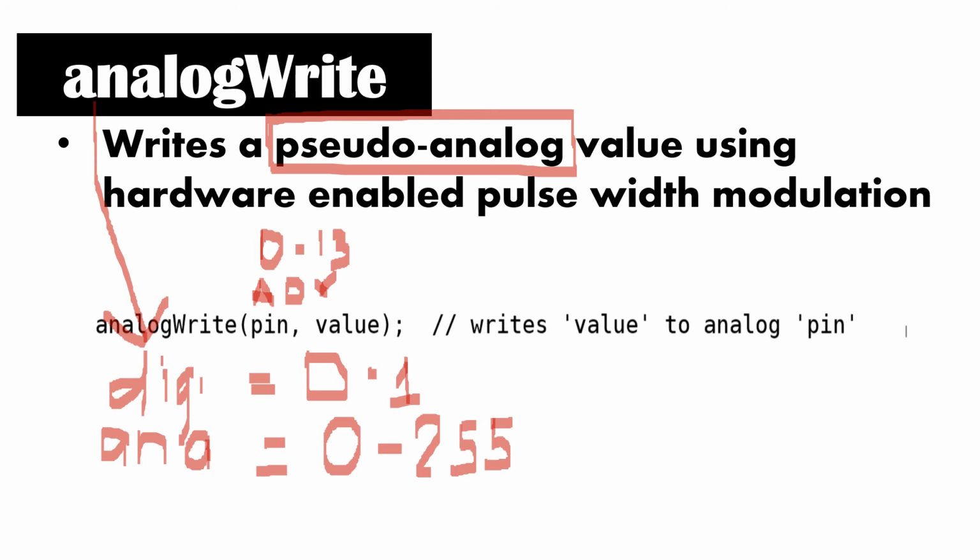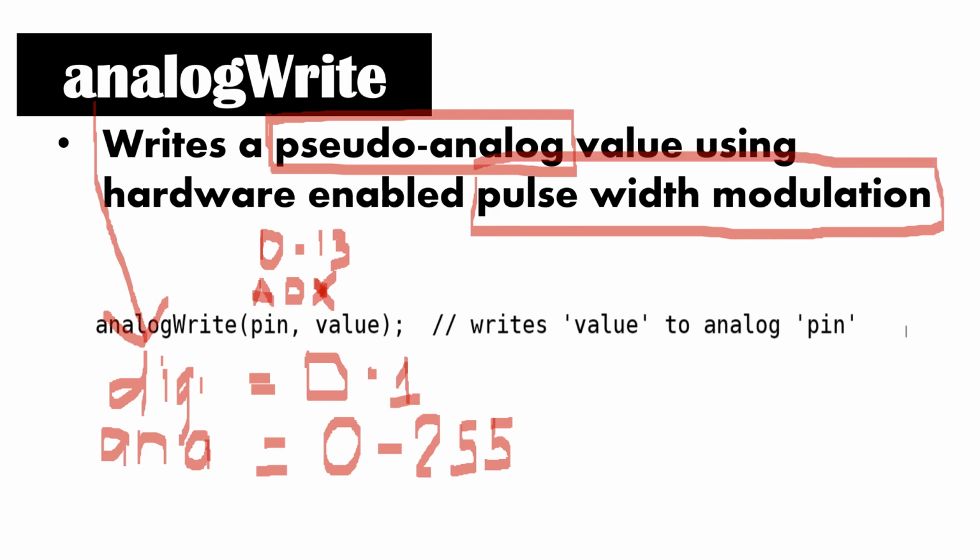Kasi, hindi naman talaga analog signals yung ibibigay ng iyong pin kapag gumagamit ka ng analogWrite. Ginagawa niya, pulse width modulation. So, technically, turn on, kung ito yung Arduino mo, ito yung line, at ito yung pag-turn off niya, tapos, magta-turn on siya, magbibigay siya ng 5 volt.